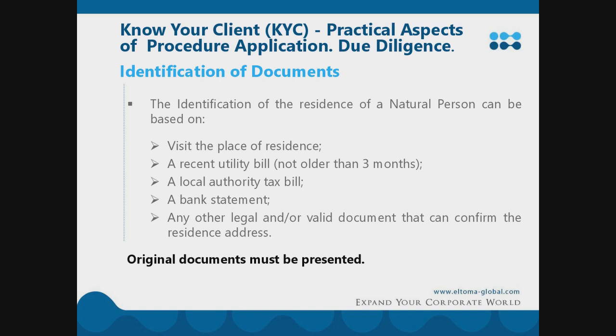Also, a utility bill not older than 3 months, a local authority tax bill, a bank statement. There you may also find information about the residence of a natural person, and any other legal or valid document that can confirm the residential address.